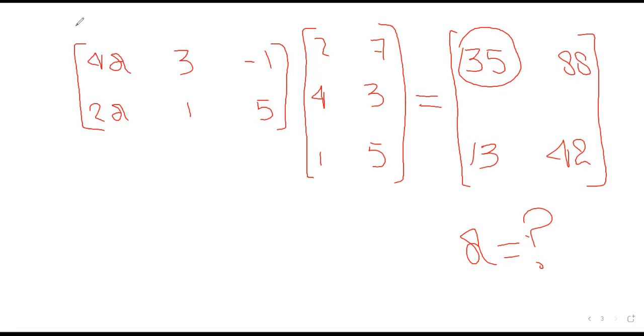The equation becomes, if you are multiplying this, this 4A will be multiplied by 2, the first element in the first row and first column. This is row 1 and this is column 1.